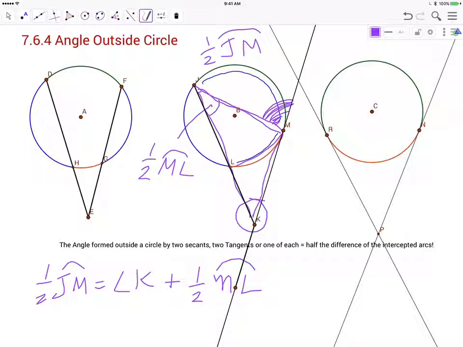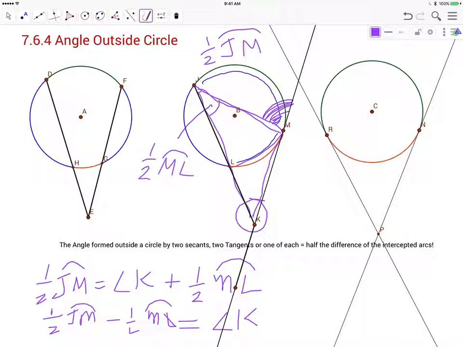And that gives rise to this: angle K is half of JM minus half of ML. My handwriting is terrible, but hopefully you're listening to me.